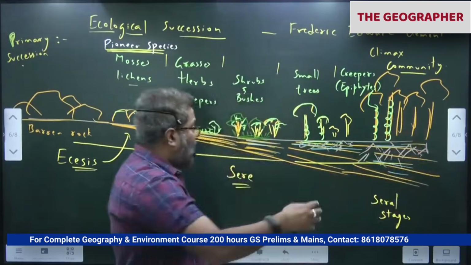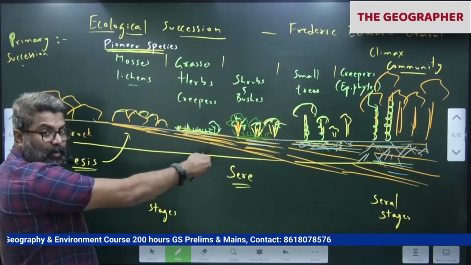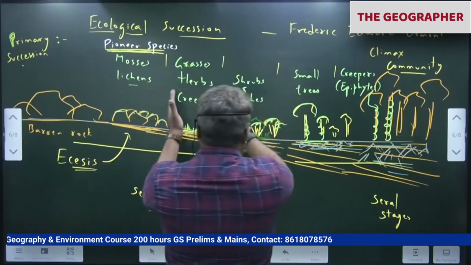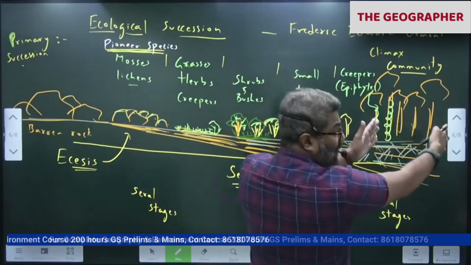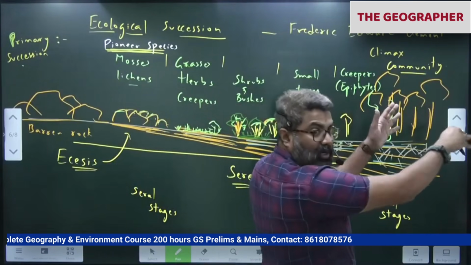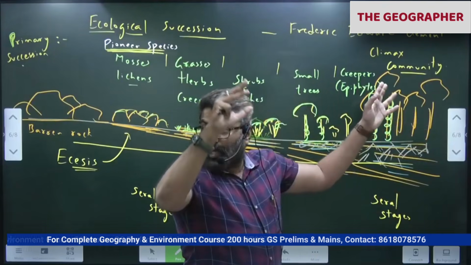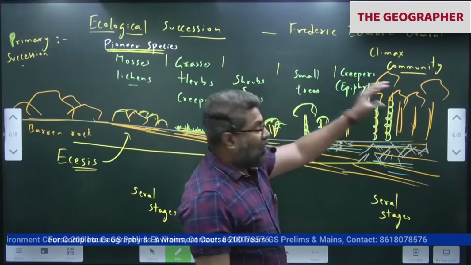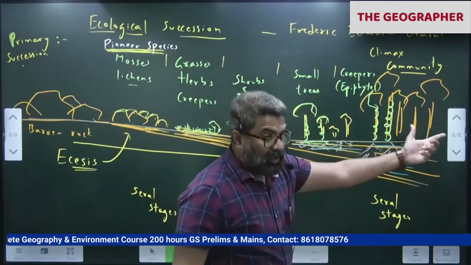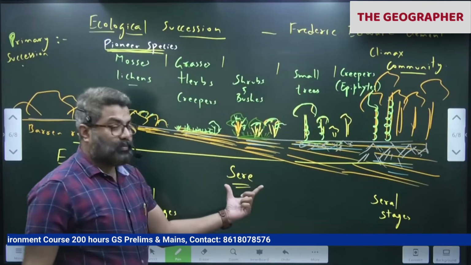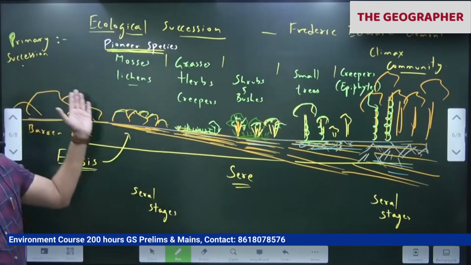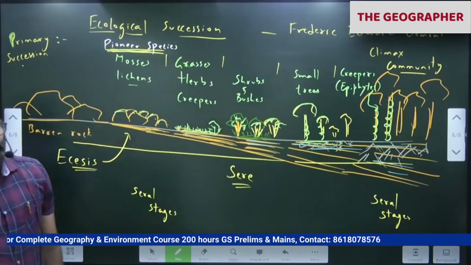It describes how various species evolve in a particular landscape, one replacing the other, and finally a climatically and environmentally more stable climax community has formed. That entire process from barren rock to this is called a sere. Sere is the word used for all the stages from pioneer to climax.